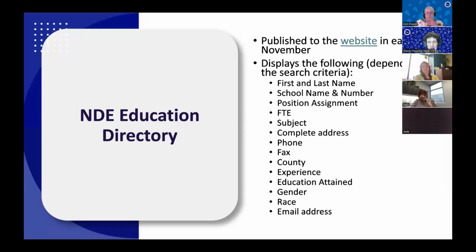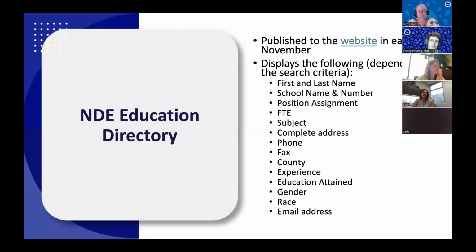Let's say Boy Scouts has a scholarship for the seniors, and they want to send it to all the schools in the state of Nebraska. How do they get this information? They go to the NDE Education Directory, and they're able to search by all these fields that we have here. They can do it in a variety of ways, and they get your information, and that's how they get the contact and send you this information. So that's the number one way I can think of.